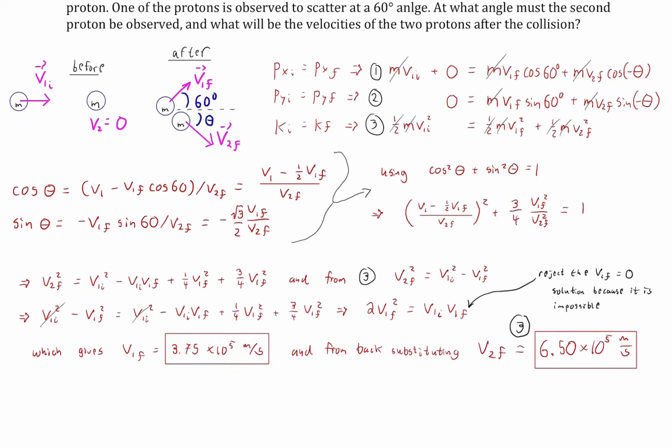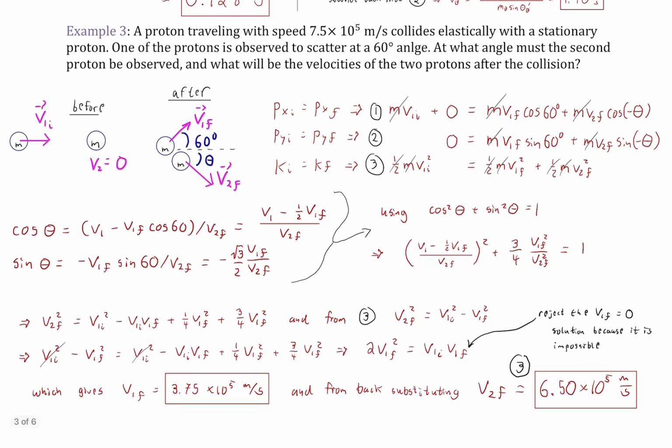So we back substitute because we know that there's a direct relationship between V1 final and V2 final. It's right here. It's just the difference of the squares. I could literally just take the square root of both of these. And that's from equation 3. And so then we easily get that V2 final is 650,000 meters per second, or 6.5 times 10 to the 5. And that makes sense because again, it's the one that's going faster. It was at rest.